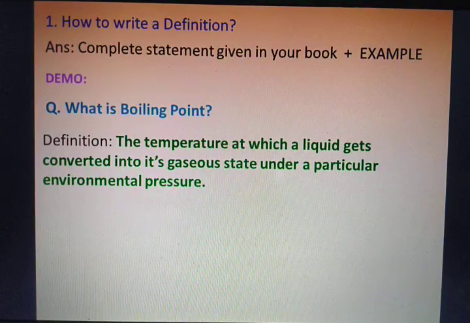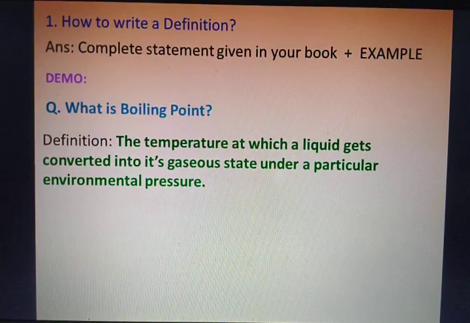Or do you write gases as a state of matter? Do you write molten as a state of matter, or liquid as a state of matter? Definitely, we write liquid as a state of matter. We write gases as a state of matter. We do not write molten or vapor as a state of matter.